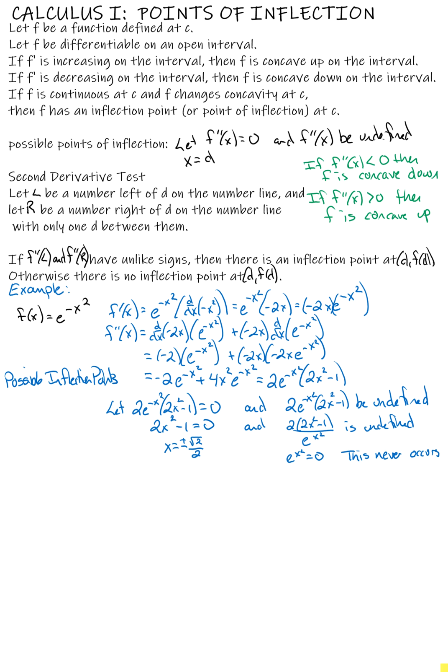So the only points of inflection we have are x equal to negative square root of 2 over 2 and x equal to positive square root of 2 over 2.